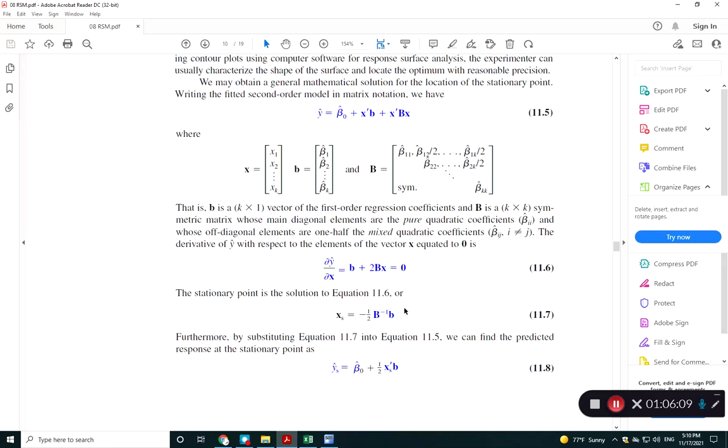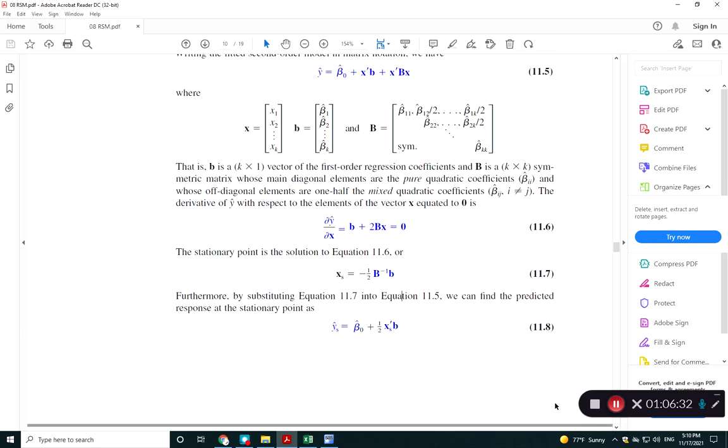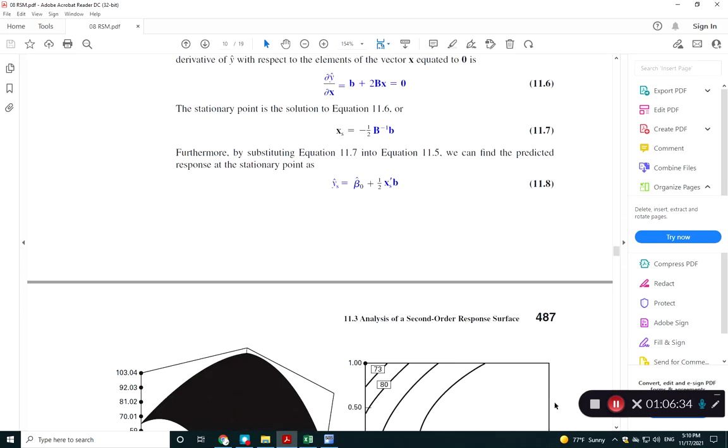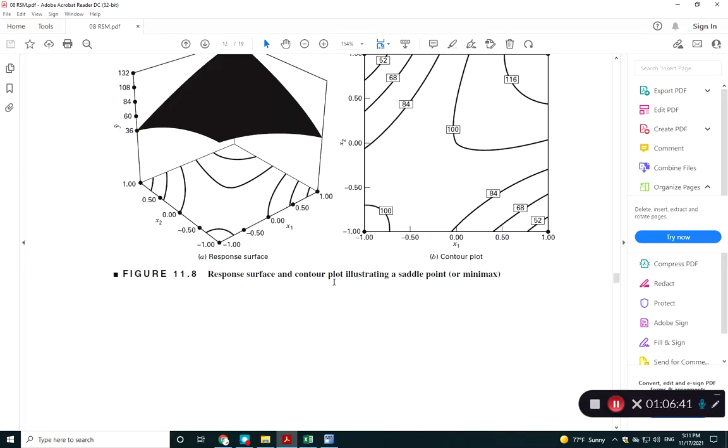Your stationary point equals B inverse times b, and then your predicted y at the stationary point equals beta 0, the intercept, plus half of your stationary point times b. I'll give you a numerical example so you won't get confused. But this stationary point could be convex, could be concave, could be a saddle point.